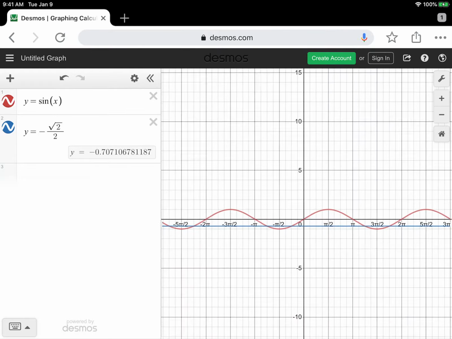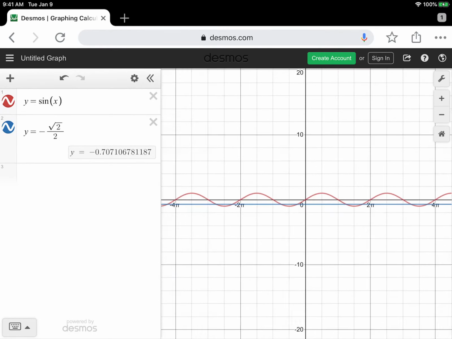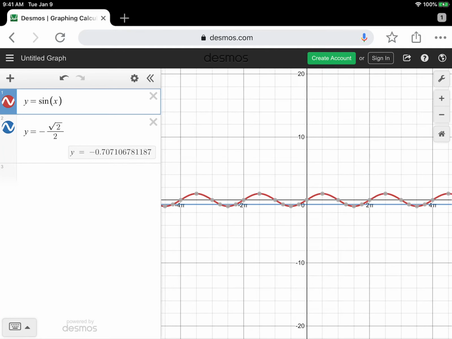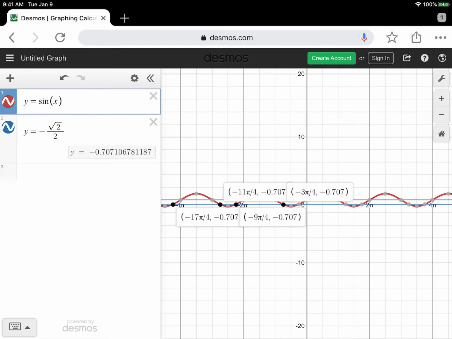I'm going to go even a little further out. Looks like I have intersections here, here, here, here, here, here, here, here, here. Do you agree that you would have an infinite amount of intersections, right? Because the sine wave goes on forever, and so does a horizontal line. So this will keep intersecting.